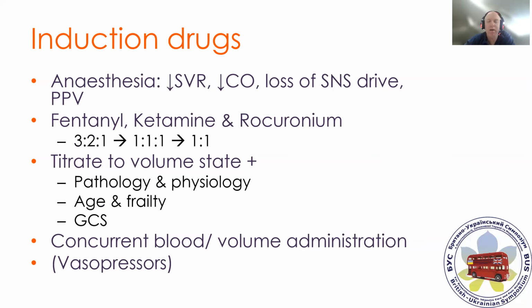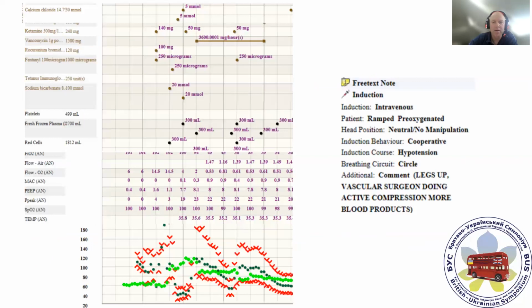If you give a pre-planned bolus, you risk significant physiological compromise. You should give concurrent blood and volume at the time of induction to account for the vasodilation, and have vasopressors to hand, but they shouldn't be used as a first line for the bleeding patient, for reasons that I will go into later.